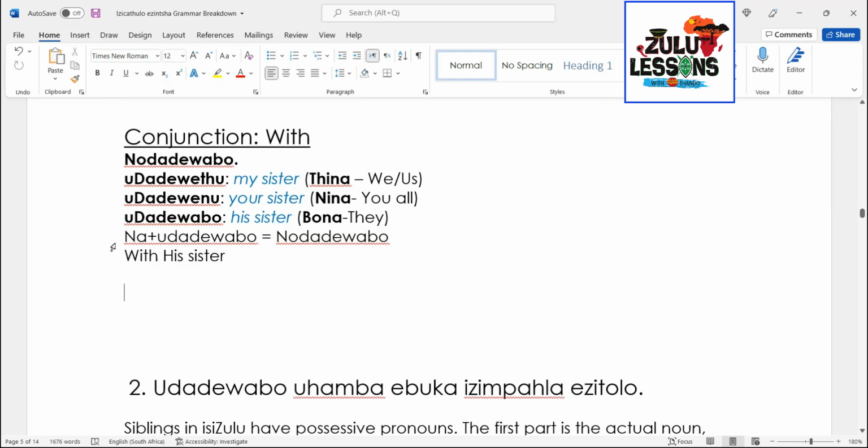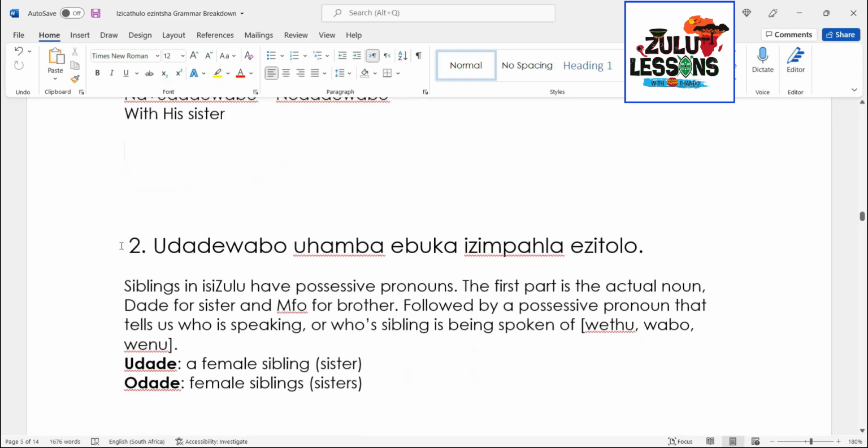However, when we blend this together with the conjunction na, which can mean with, or to have, or and, we then have nodadewabo. In this case, we are using this conjunction na to mean with. So, with his sister. Nodadewabo.